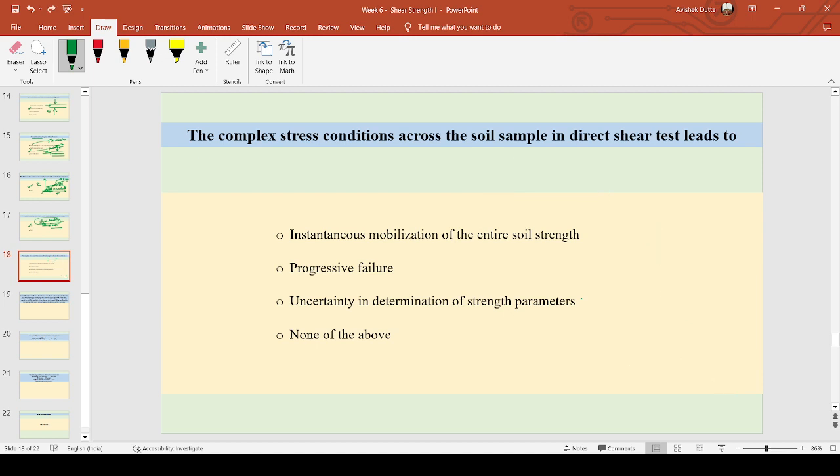But what happens is, because of the complex test conditions, there is a progressive failure. The soil sample fails gradually and the intensity of failure increases with respect to time. Because of which the soil strength is not mobilized at once, and it does not lead to instantaneous failure, it leads to progressive failure of the soil sample. Hence, these complex test conditions make it difficult to identify the failure mechanism.